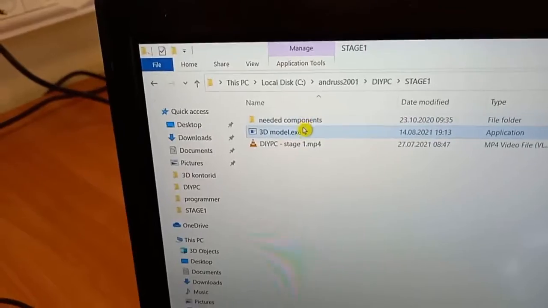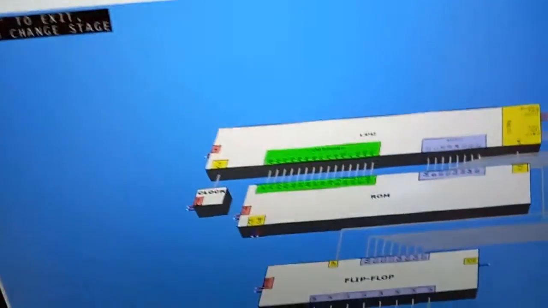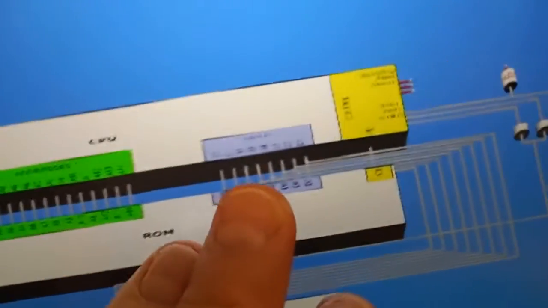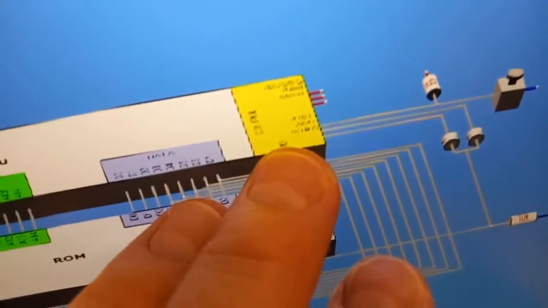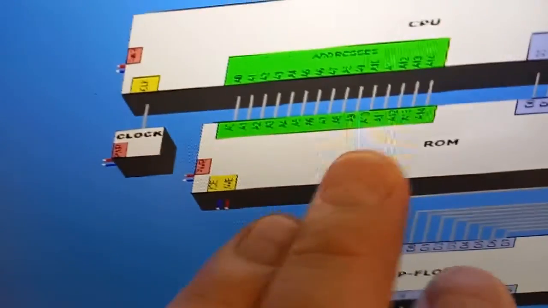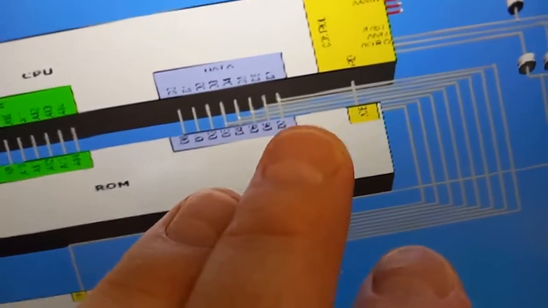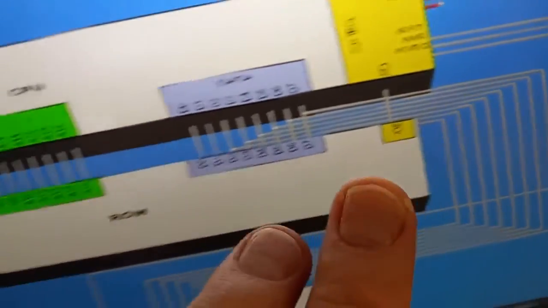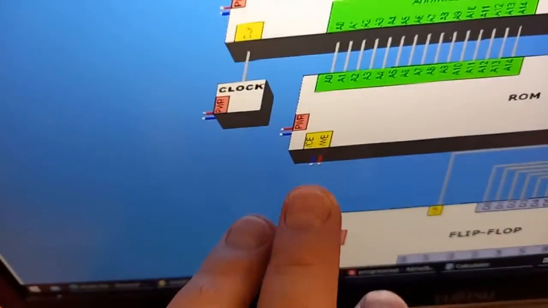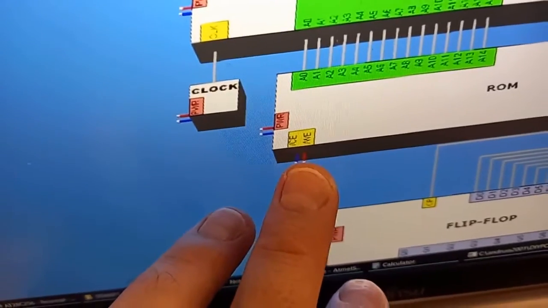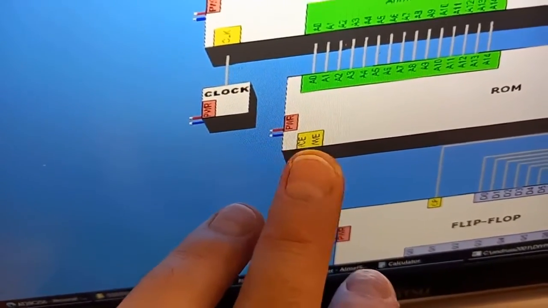If we take a look at the 3D model, we have address pins, we have data pins, we have control pins. Oh, sorry, this is the memory. We have address pins, data pins, control pins: output enable, chip enable, which is enabled, writing disabled, and power pins.